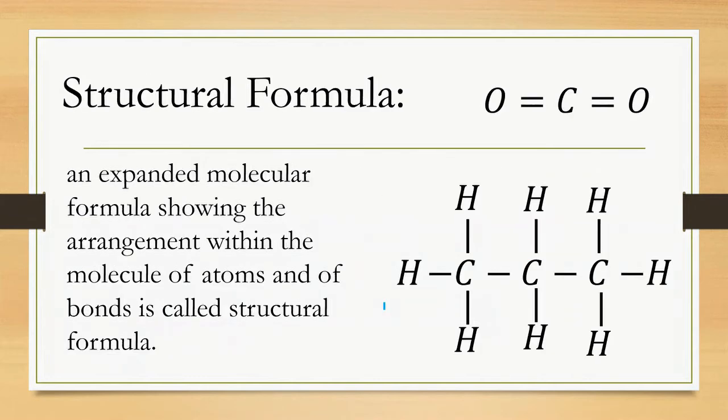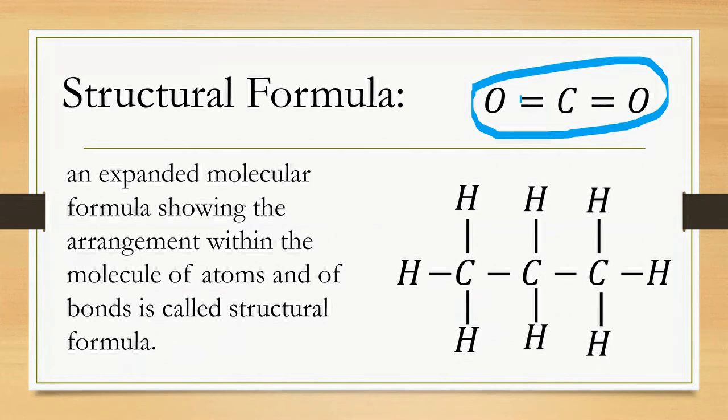Structural formula. An expanded molecular formula showing the arrangement of atoms and bonds within the molecule is called a structural formula. For example, this is the structural formula of carbon dioxide, where a carbon atom combines with an oxygen atom by a double bond and another oxygen atom combines with the carbon atom by a double bond.